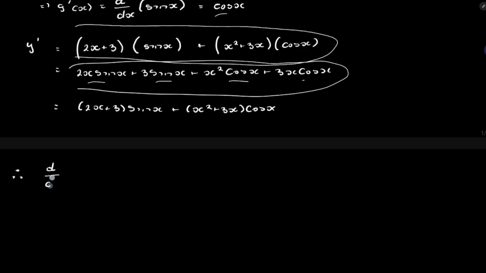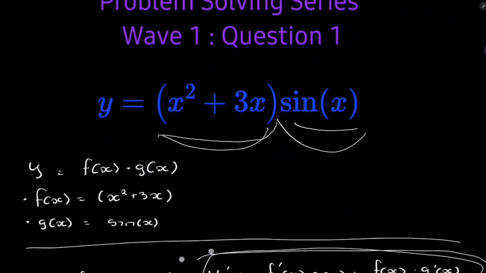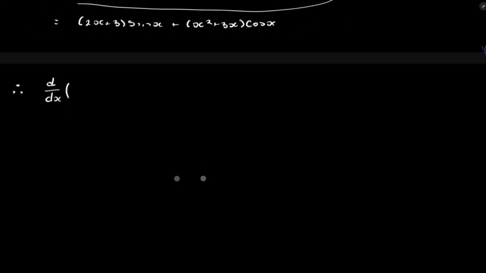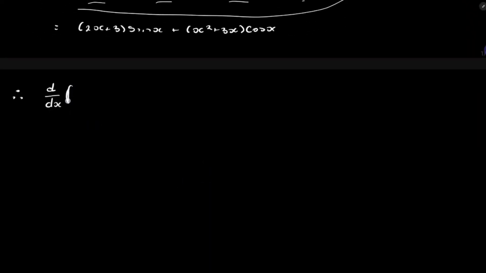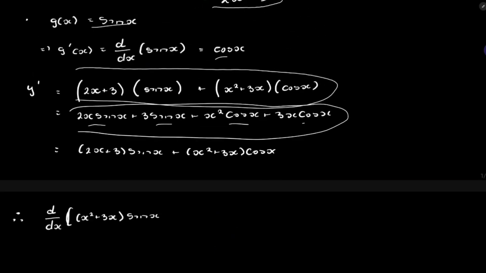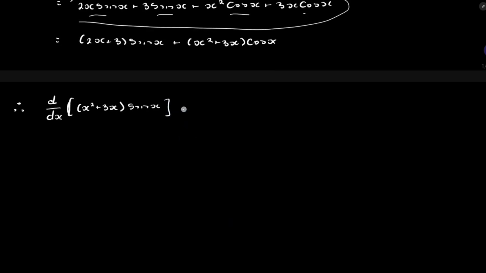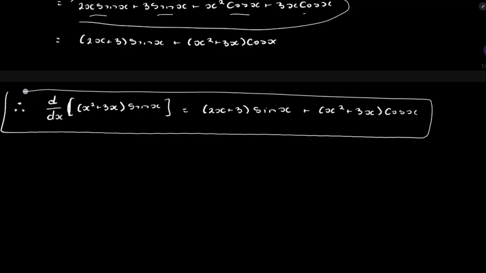Therefore, the derivative with respect to x of our function, which is x squared plus 3x times sine x, is 2x plus 3 sine x plus x squared plus 3x cos x. We box our answers.